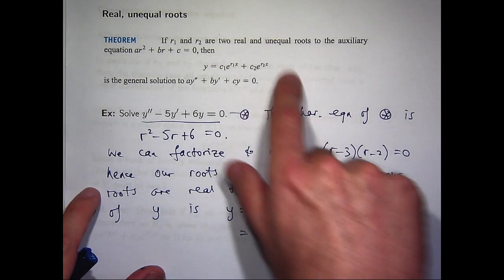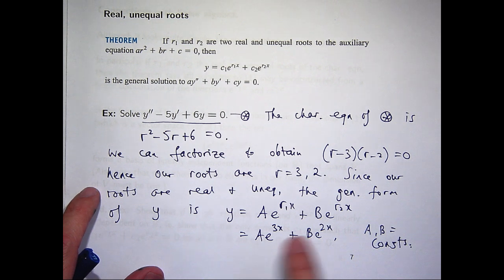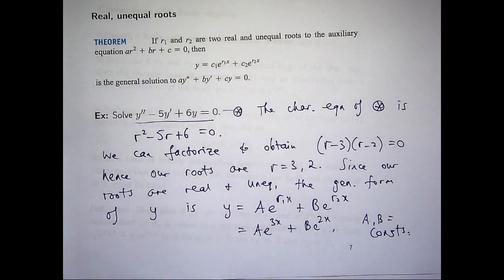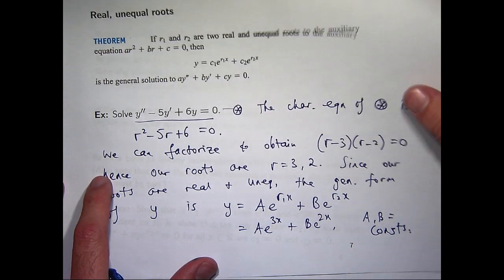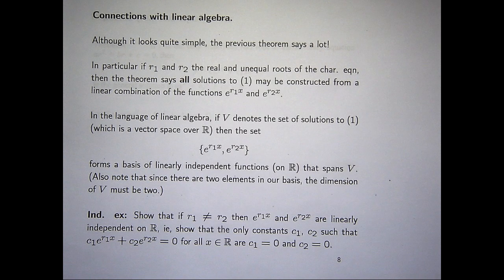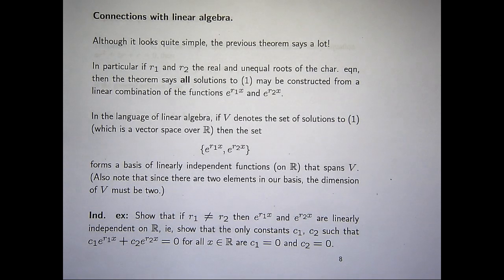Now this is the case when the roots of the characteristic are real and unequal. If we had, say, repeated roots, this would not suffice. Now, like I said before, this theorem here contains a lot of information. It's very powerful. It looks pretty simple, but it's actually really powerful.